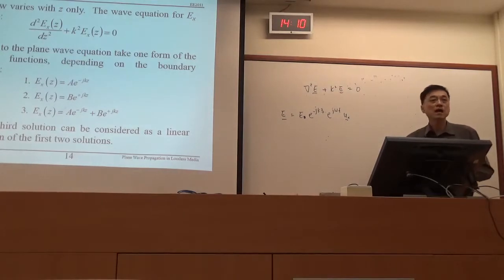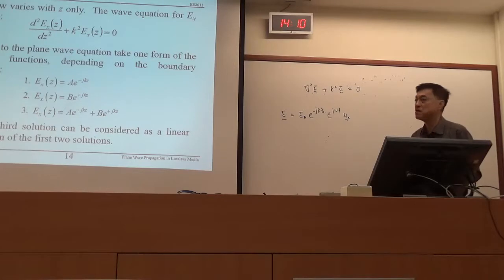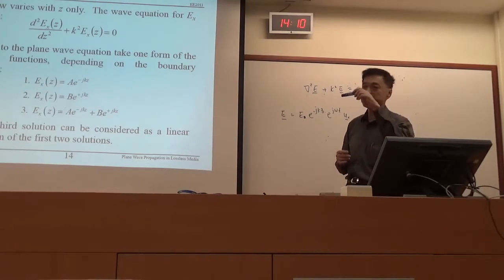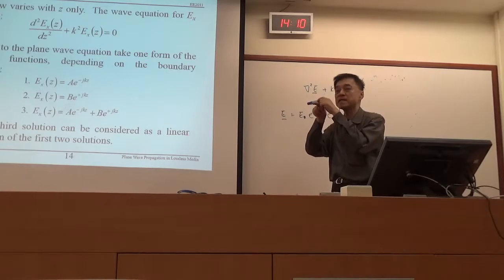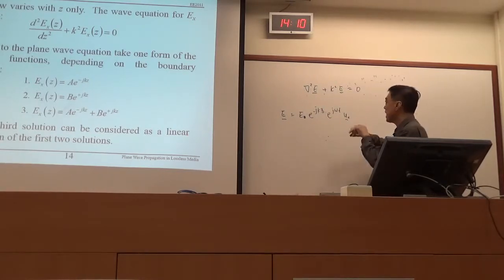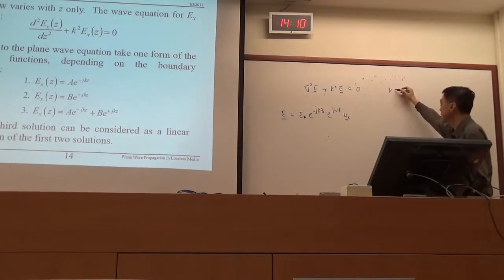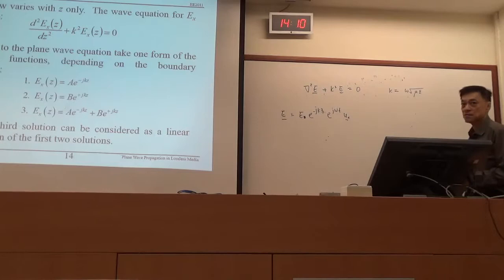So now, a simple solution for the wave equation is that I have an electric field polarized in the x direction and propagating in the z direction. K is the so-called propagation constant, which is equal to ω√(με).